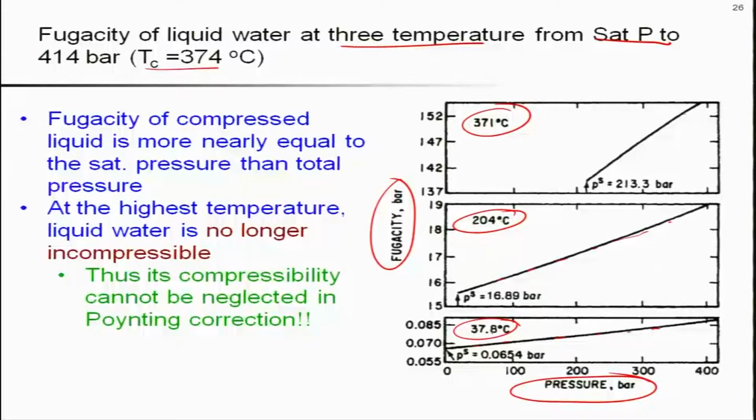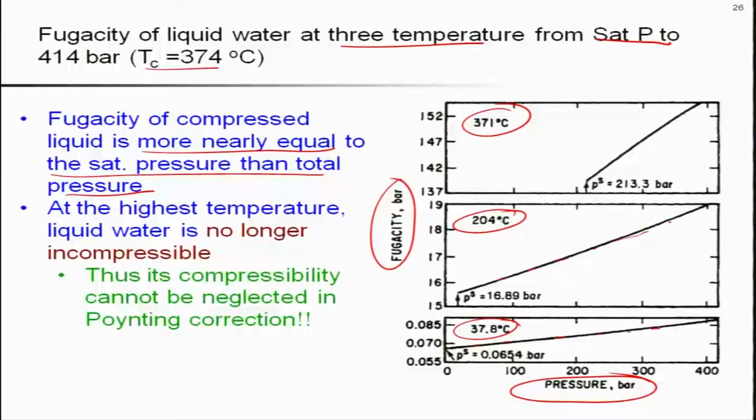So at lower temperature, the fugacity of the compressed liquid is almost or nearly equal to the saturation pressure. Let me just restate this. So this is the fugacity here. The fugacity of the compressed liquid is more nearly equal to the saturation pressure than the total pressure.